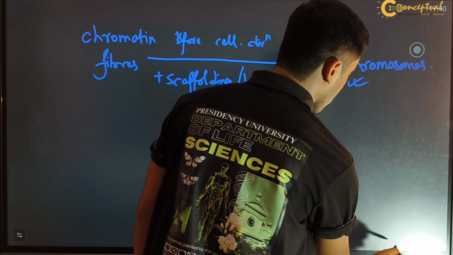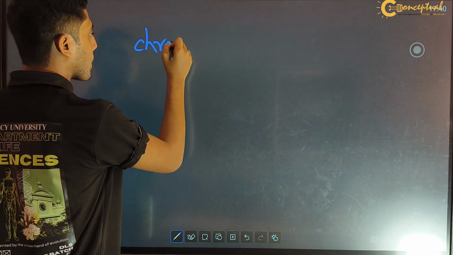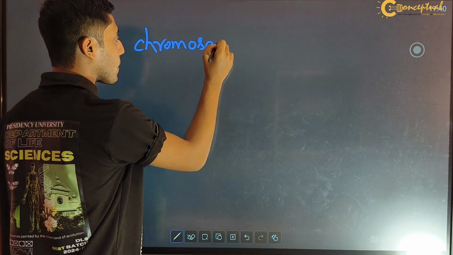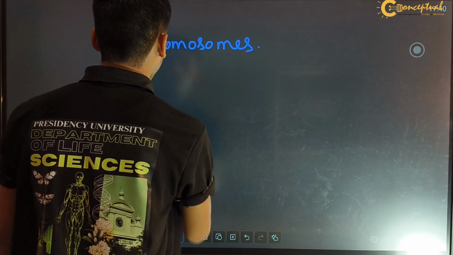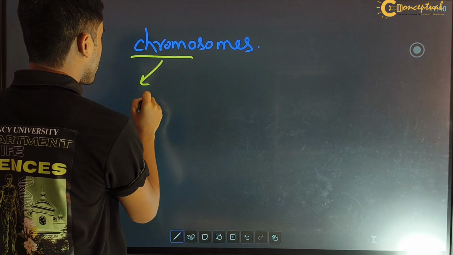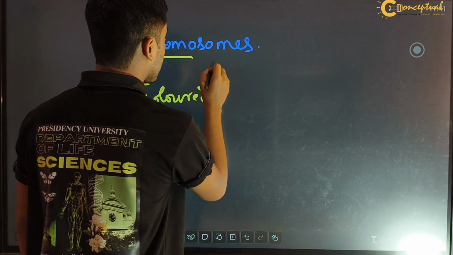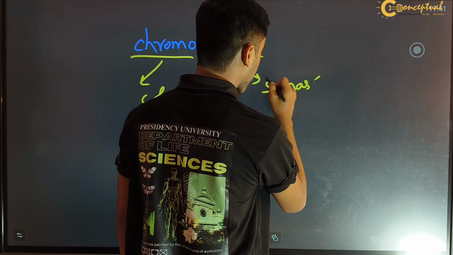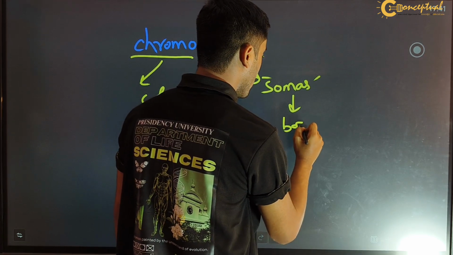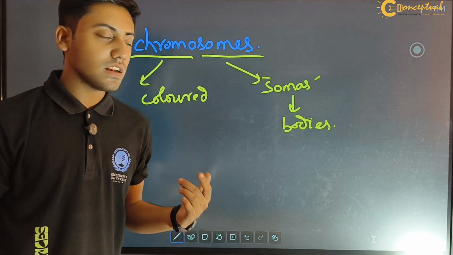Now coming to the name chromosome, what does it actually mean? Chromo, the word refers to color or colored, and zomos or zomas will mean bodies. So chromosomes refers to colored bodies. Why do we refer to chromosomes as colored bodies?